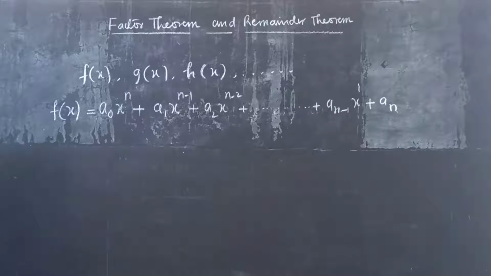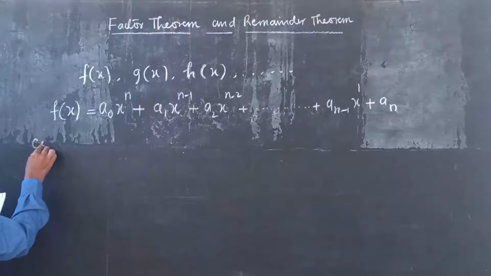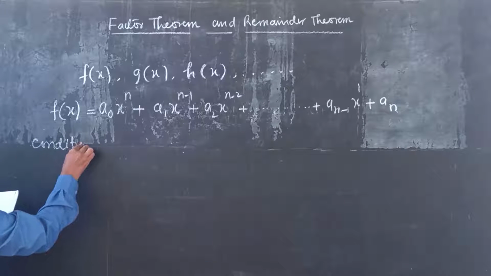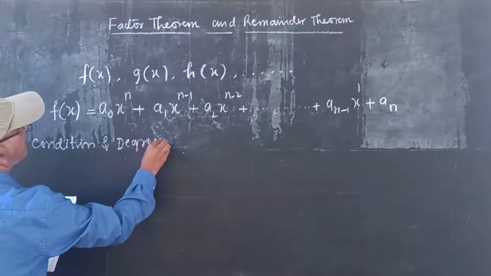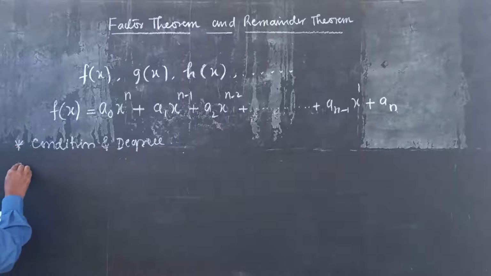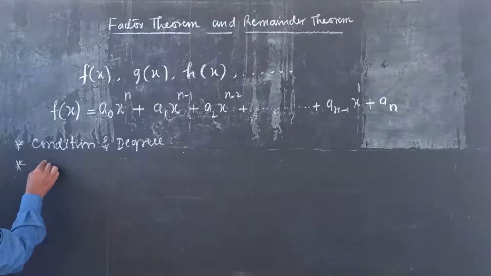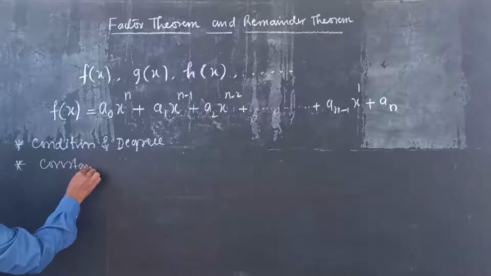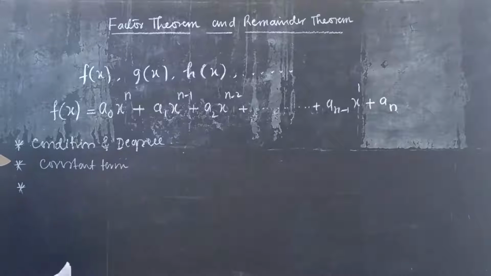Now, we shall learn some of the important properties connected with the polynomials. First one is condition and degree. This is the first point. And the second point is constant term. And the third point is coefficient.